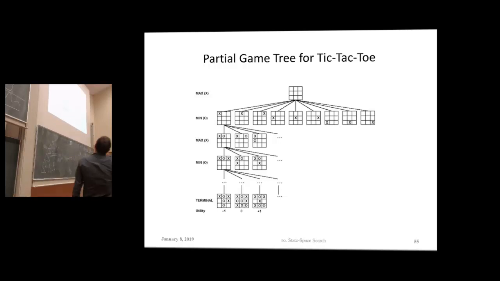Then Min, in the next round, can choose to put the O in the 8 remaining squares. So we start out with 9, then 8, then 7, so we have the factorial complexity again, which is already quite big.